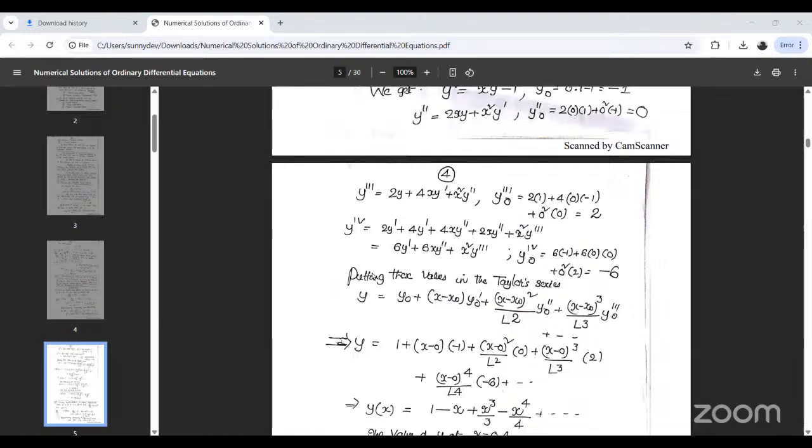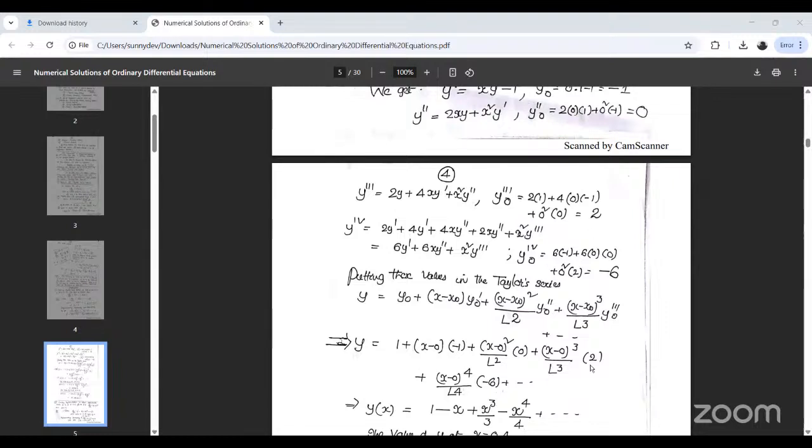Now we have to substitute all the values in the Taylor series. y equals y naught plus x minus x naught into y naught dash plus x minus x naught whole square by 2 factorial into y naught double dash plus x minus x naught whole cube by 3 factorial into y naught triple dash plus so on. We already found y dash value minus 1, y double dash is 0, and y triple dash is 2.